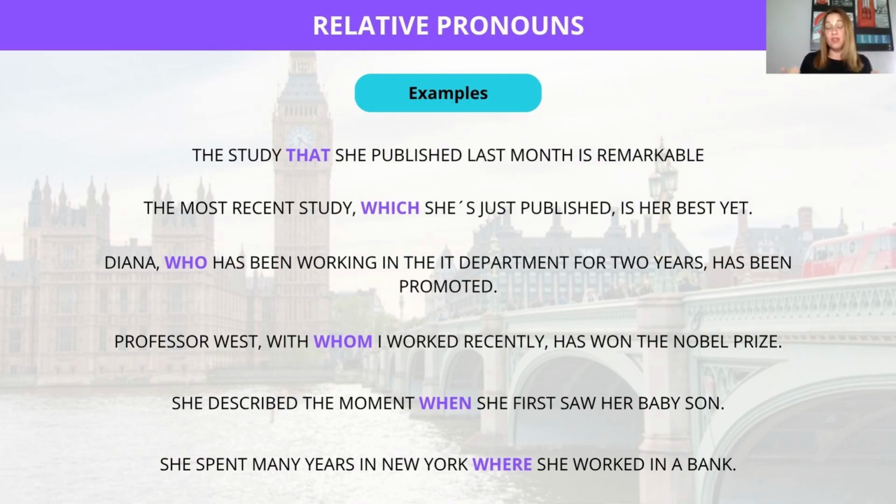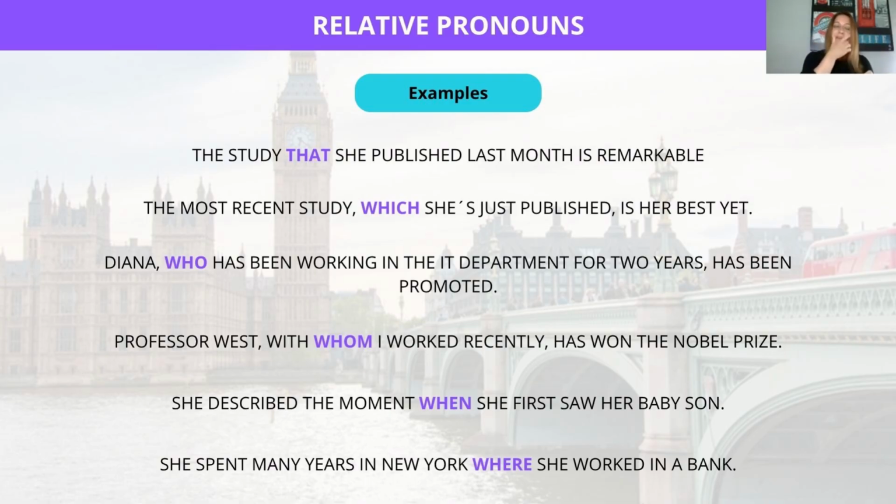So the extra information I'm giving to you is the one between commas, which she's just published. Just remember, which cannot be removed or omitted when we are using non-defining relative clauses. So how do you know the second sentence is a non-defining relative clause? Yes, because it goes between commas.